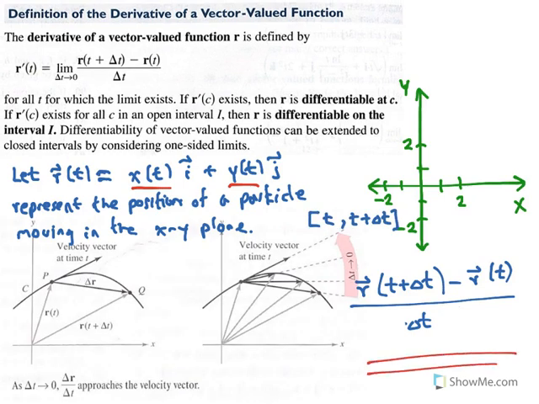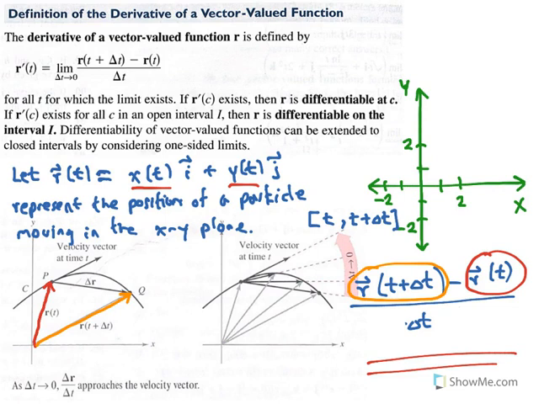To visualize what we have here, this difference quotient, let's take a look at page 848 from your textbook. You can see here the vector r of t representing the position of our object at time t, and the vector r of t plus delta t representing the position of the object at a later time t plus delta t.